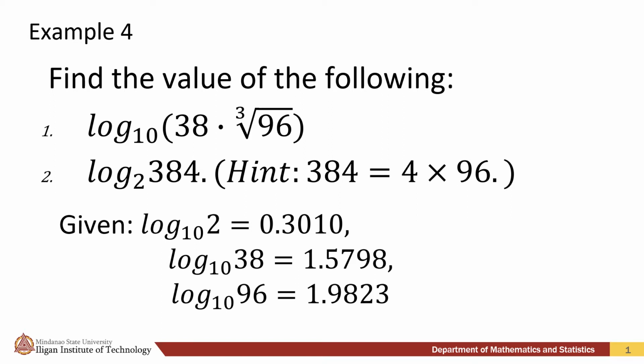Also given are as follows. The logarithm of 2 to the base 10 is equal to 0.3010. The logarithm of 38 to the base 10 is 1.5798. And the logarithm of 96 to the base 10 is equal to 1.9823.